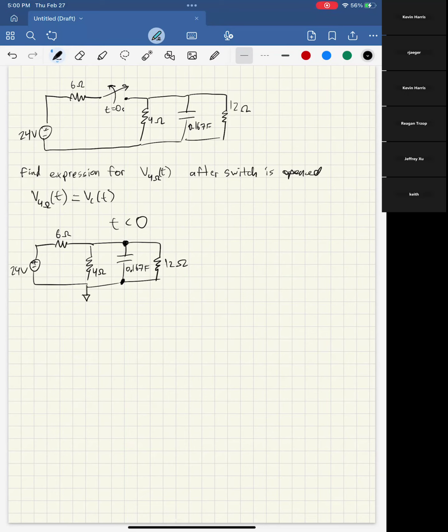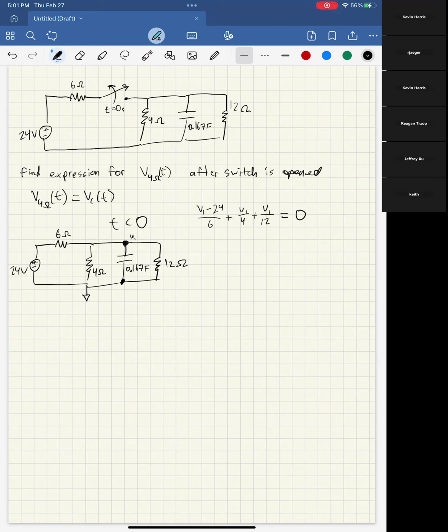I look at this and there's a bunch of ways to do it. I guess the most straightforward way is just to do a node here. I'll call it V1. So we get (V1 minus 24) over 6 plus V1 over 4 plus V1 over 12. Again, we ignore the capacitor because it's an open circuit in this scenario.